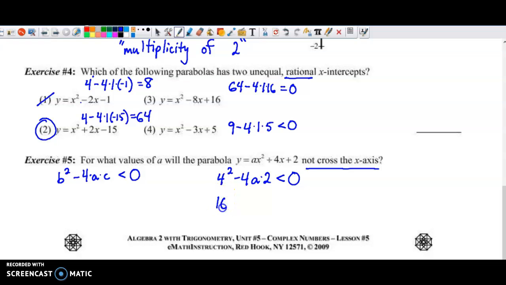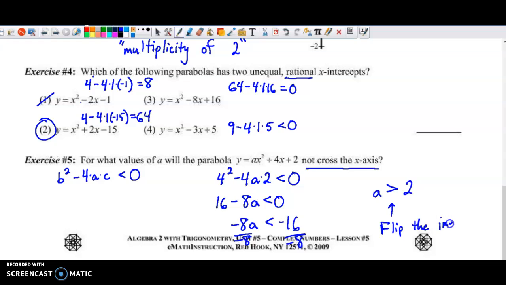So what we have is 16 minus 8a, because multiplication is commutative. And if you subtract 16 over, just remember that when you divide by a negative, you have to flip the inequality. So a must be greater than negative 16 divided by negative 8, which is positive 2. Flip the inequality. And you should be ready for the homework now.